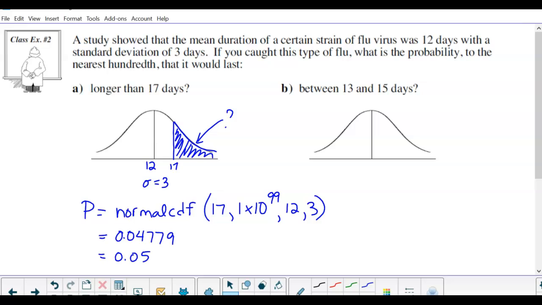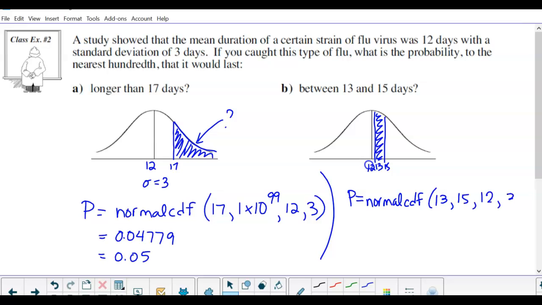Then between 13 and 15 days, will be here, 13 and 15. Okay. And so, lower is 13, upper is 15, mean is 12, standard deviation is 3.